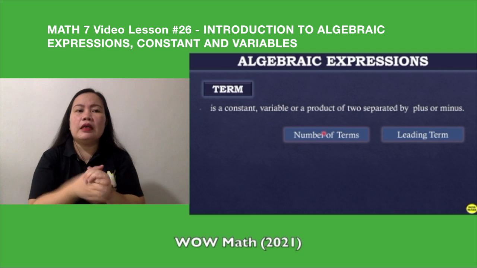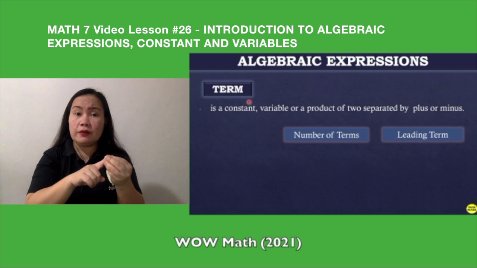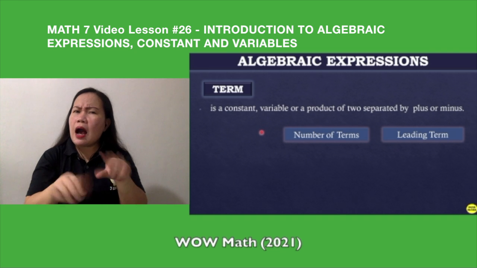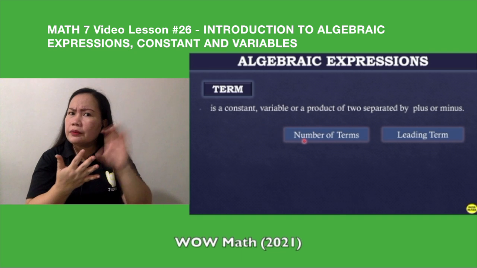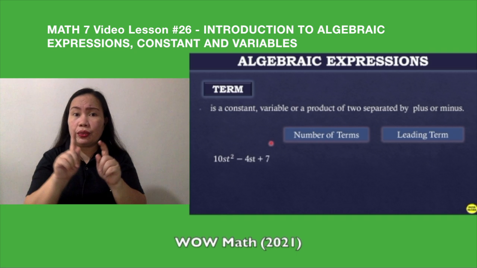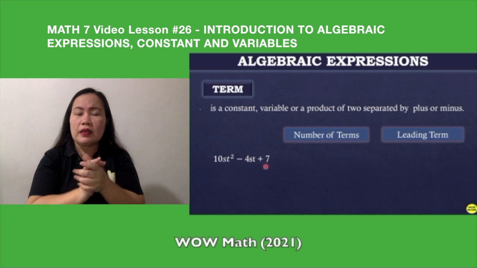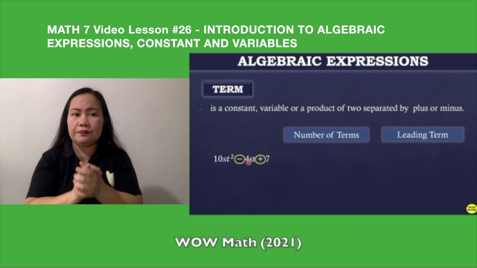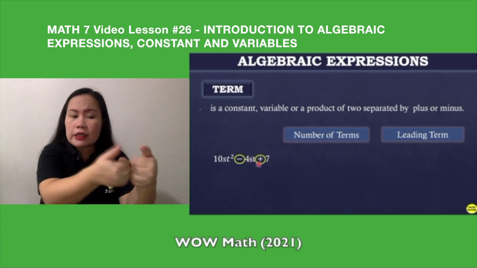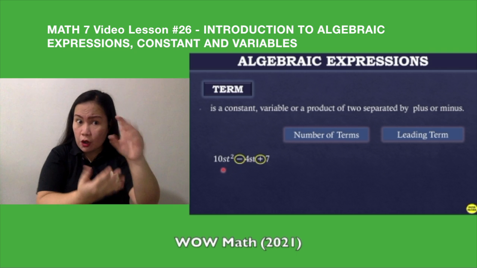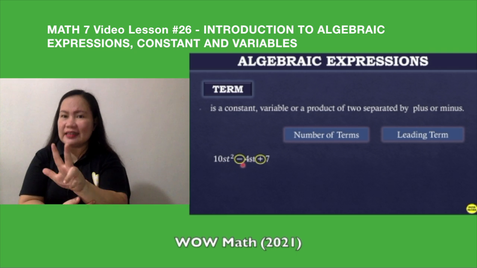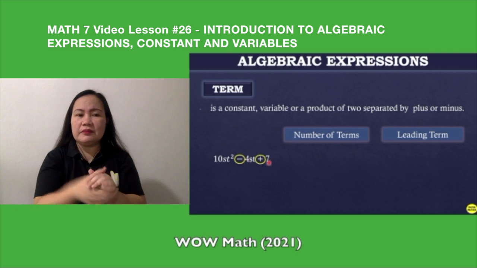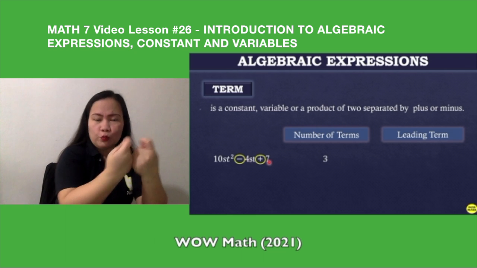Okay? So, since we are talking about terms, so paano ba natin makukuha ang bilang ng terms? Okay? So, kapag ganyan, since ang sabi, separated by plus or minus. So, ito yung plus at minus natin, right? So, yan ang naghihiwalay. So, therefore, isa, dalawa, tatlo. Okay? So, we have 3 terms.